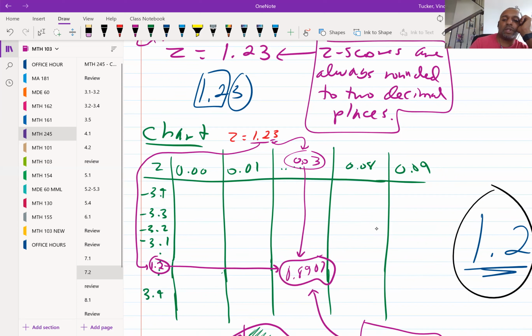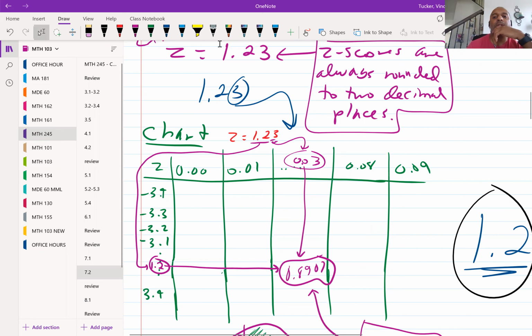And that's what we'll look for. I'm going to go to the chart in a second, but I'm just showing you an idea of what we're doing. If we're looking for 1.23, we break the number up into 1.2, which would be down this first column, and then the 03, or just 3, would be up here on this top row. So let me show you how it works.